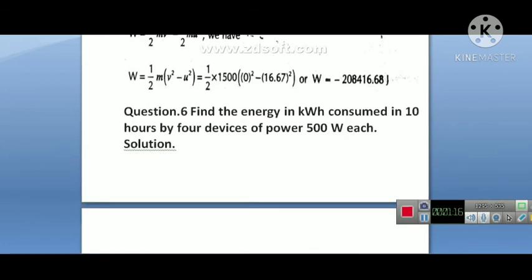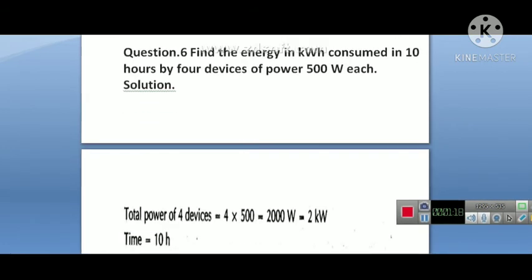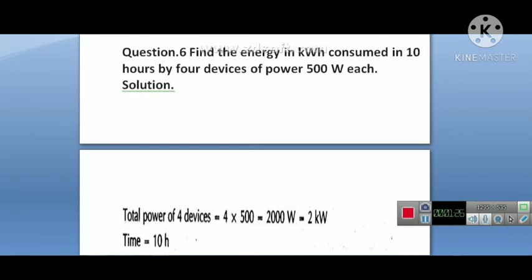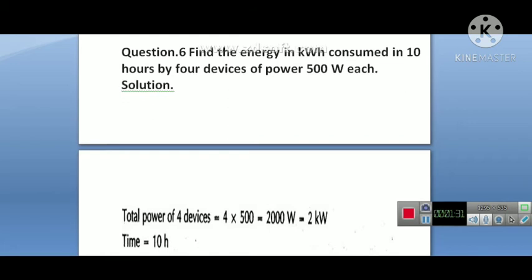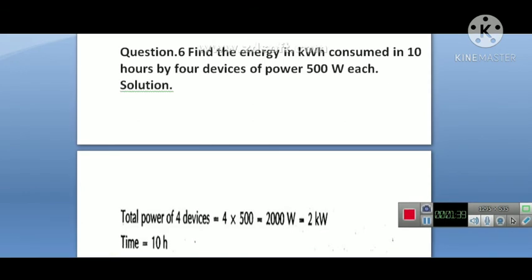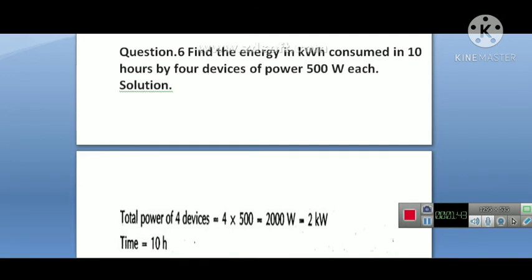Question number 6, find the energy in kilowatt hour consumed in 10 hours by 4 devices of power 500 watt each. And given values are here, energy we have to find out in kilowatt hour. First of all they have given time as 10 hour and 4 devices of 500 watt, that is power is given, time is given. So power into time is the energy.